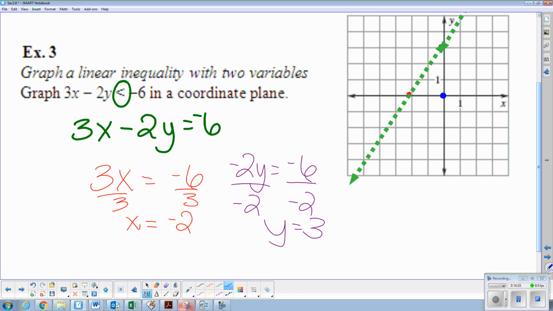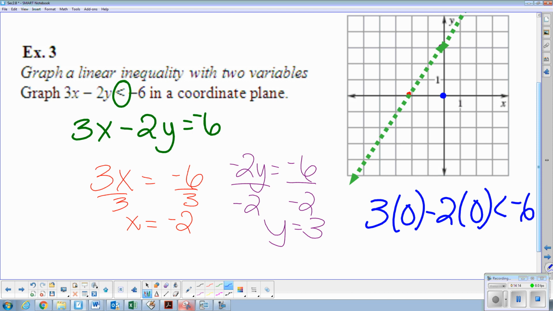So 3x minus 2y. My x coordinate is 0, my y coordinate is 0. 3 times 0 minus 2 times 0. Is that less than -6? 0 minus 0 is 0. Is 0 less than -6?